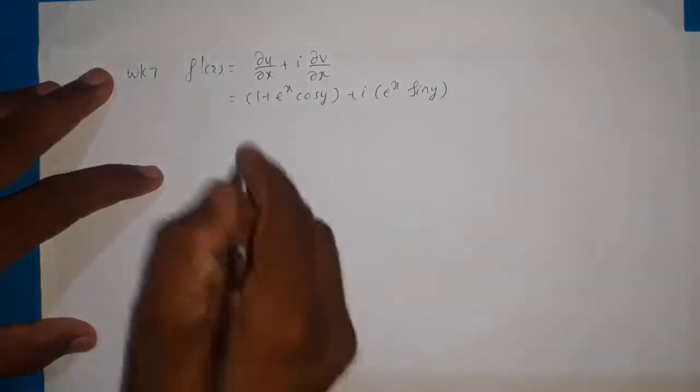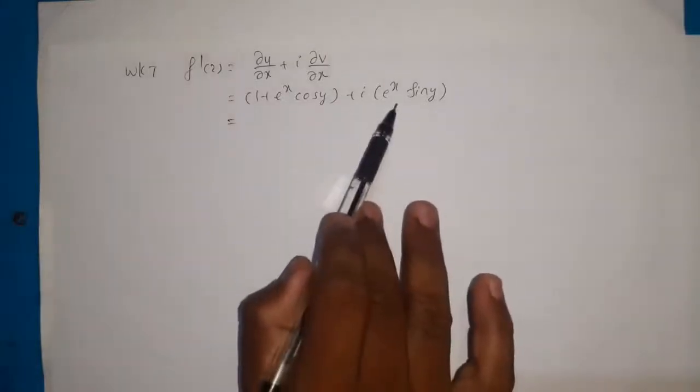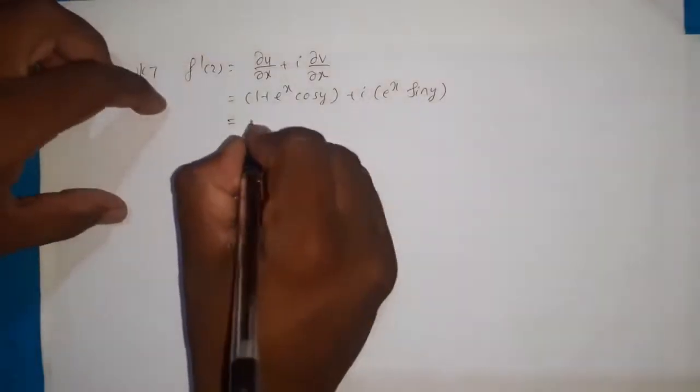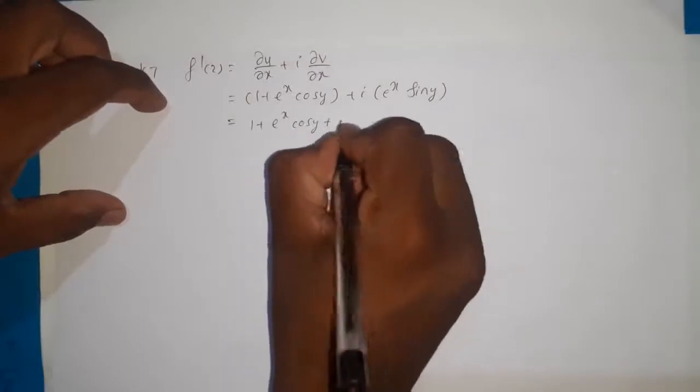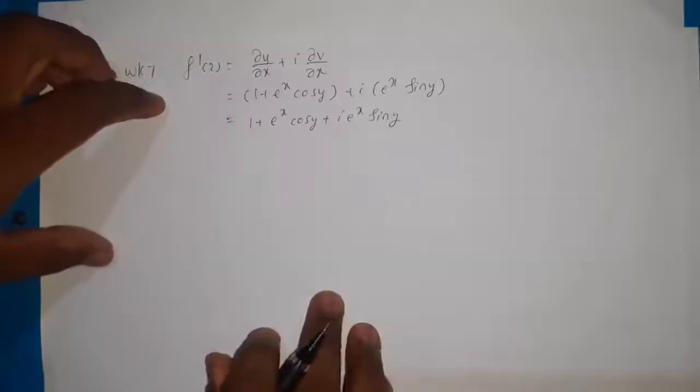Here we are finding f dash of z, means the result of that function should be a function of z. So, we need to simplify this in such a way that it is a function of z. Now, this is 1 plus e power x cos y plus i into e power x sin y.